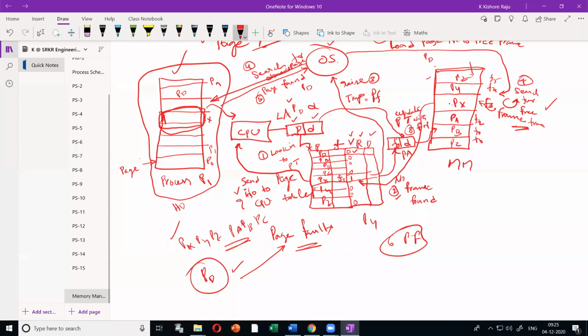Is a free frame available? I want to load PD, but no free frame is available.